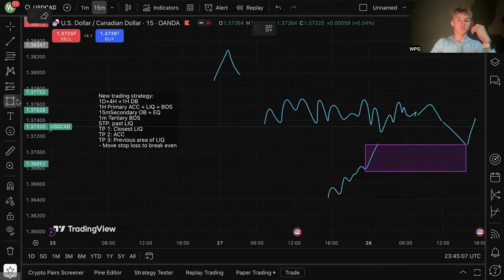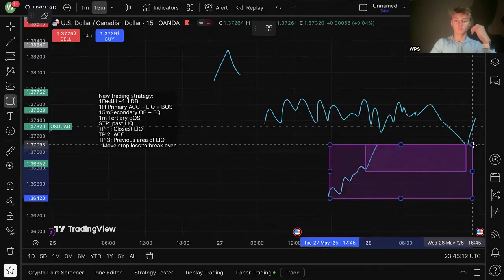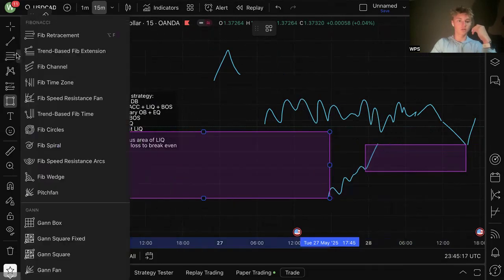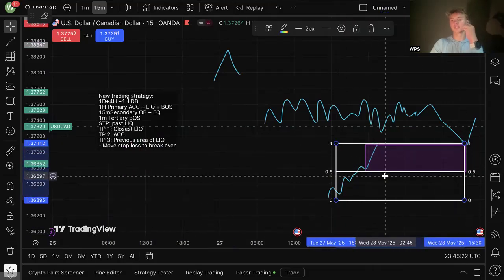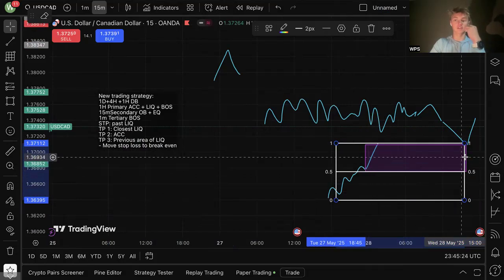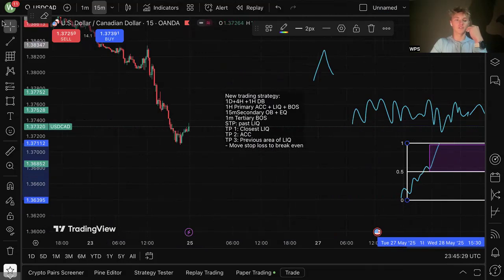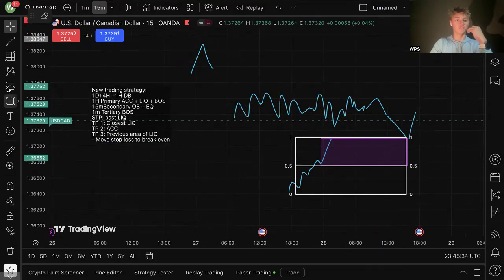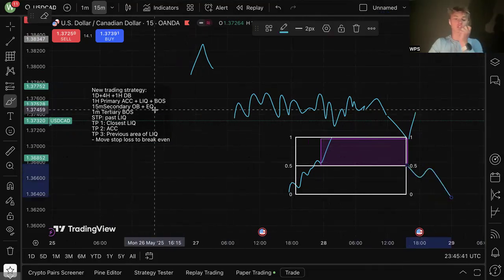I would also have to make sure that it is within equilibrium, so price is discounted. And then the final confluence for me is just scaling down into the 1 minute, and once I have a confirmed break of structure, I'm ready to take the trade.